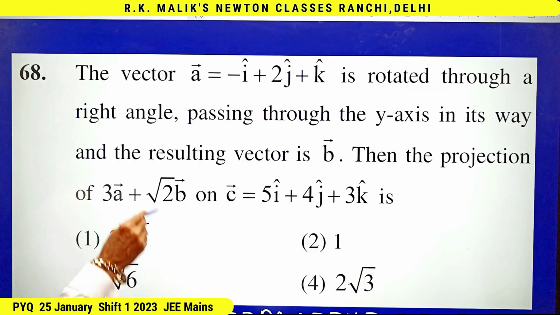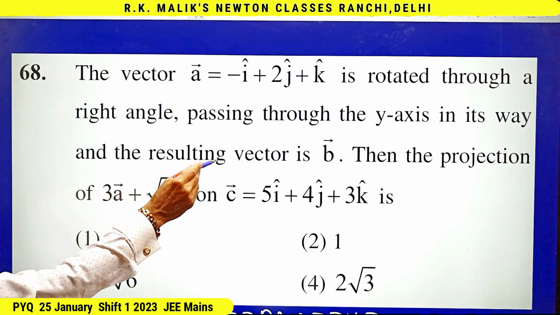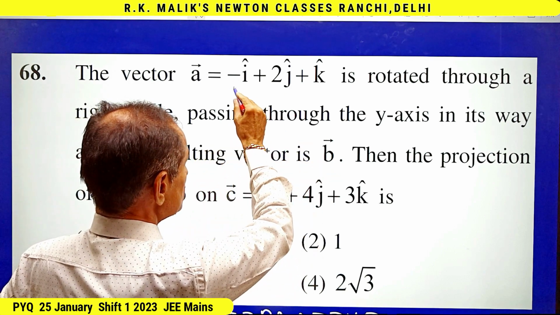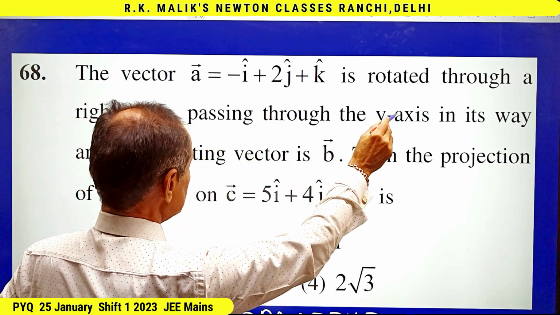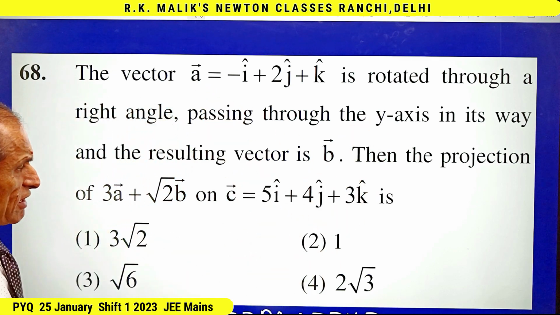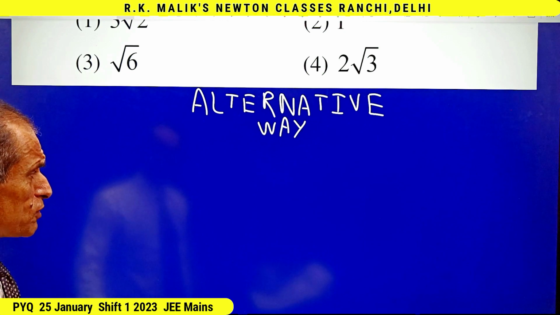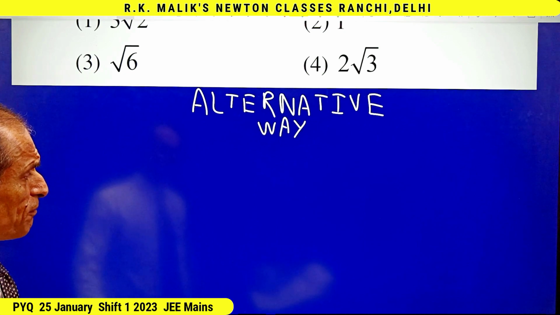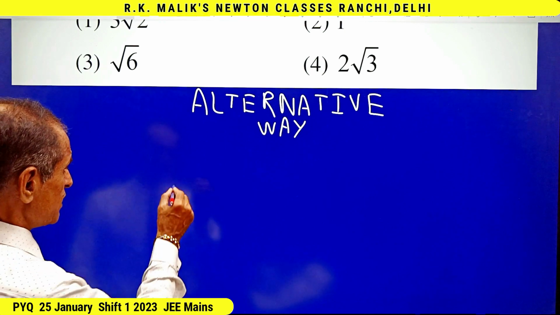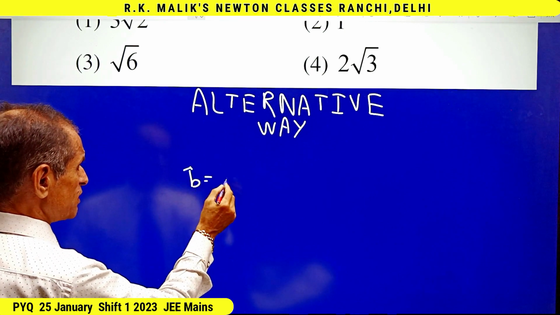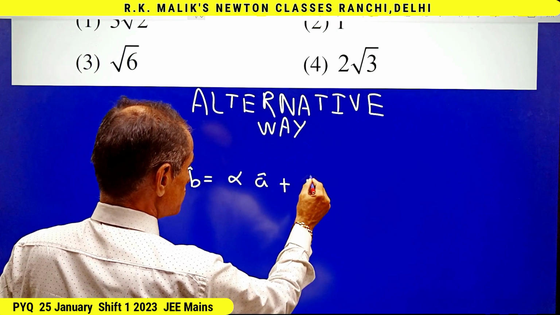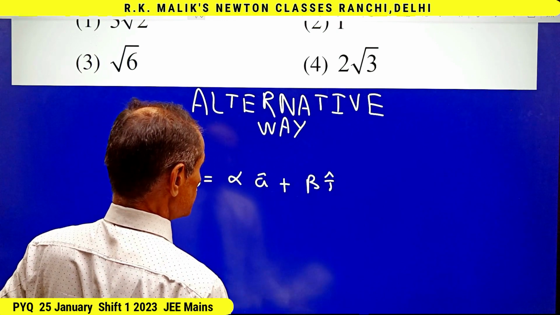And now, according to the information given in the question, it is clear that B vector lies in the plane of A and the y-axis and is perpendicular to A vector. Hence, because B vector is lying in the plane of A vector and the y-axis, I can say B vector is equal to alpha A plus beta j.